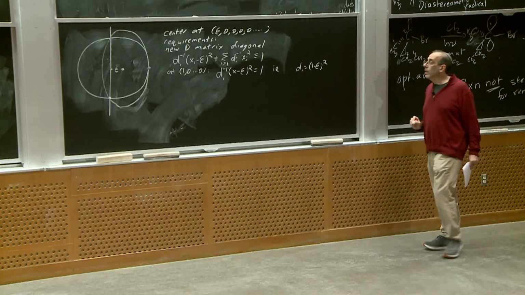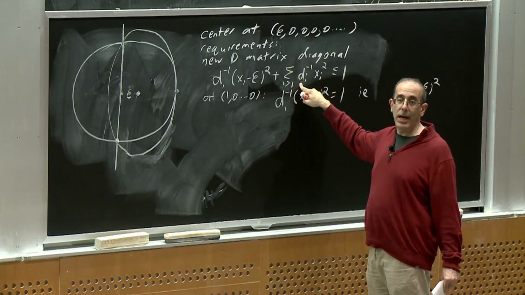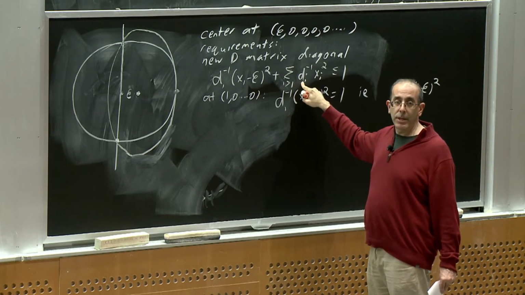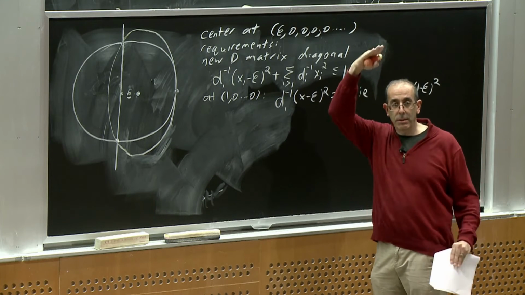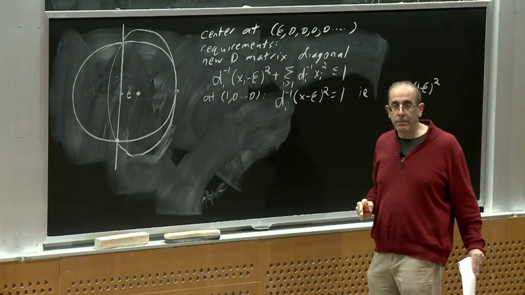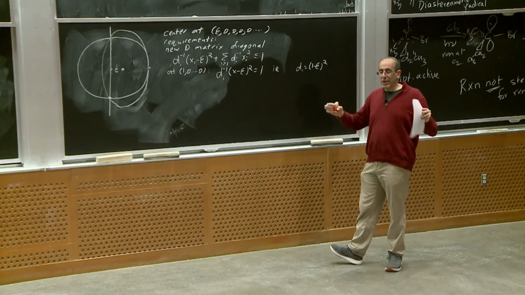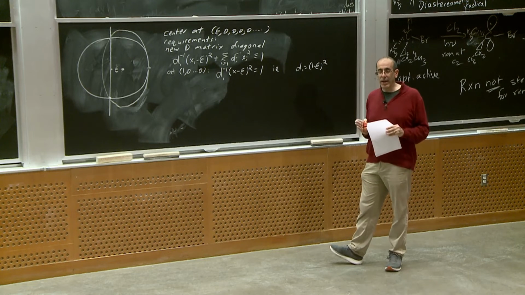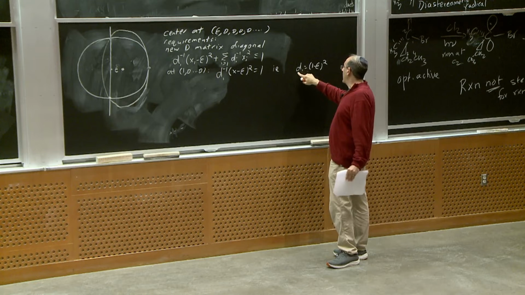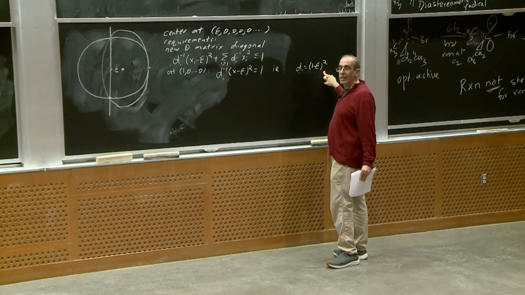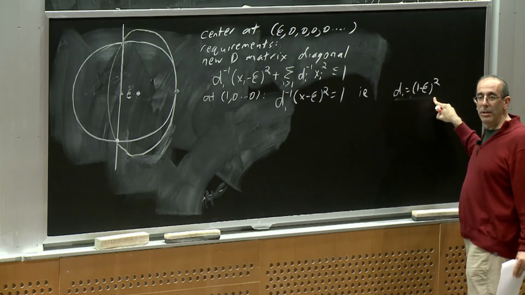Another thing to think about with this diagonal matrix with these di's: these di's are basically telling you how far you scale each of the axes. We're not doing any rotation of the ellipse or anything like that. We're just stretching or shrinking along the different axes. And so what this is telling me is that I can shrink along the x-axis. I can make d1 smaller.